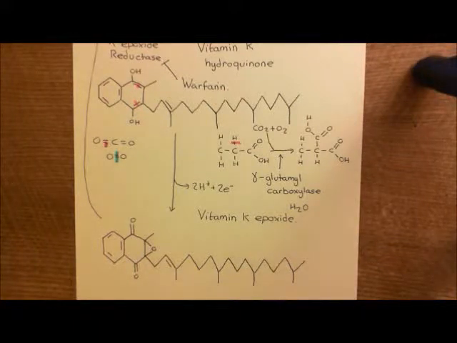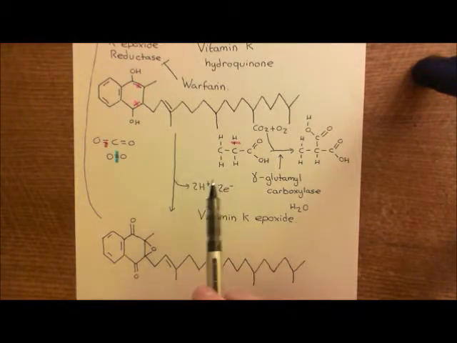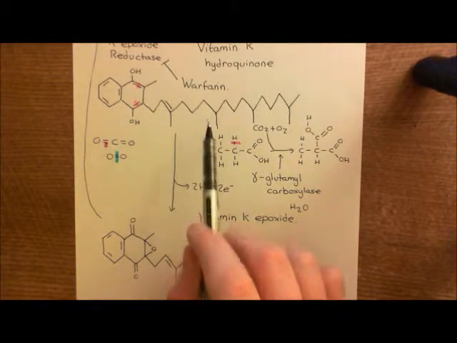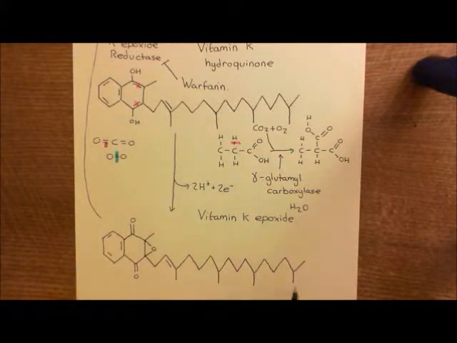So if you block the regeneration of vitamin K hydroquinone from vitamin K epoxide, then gradually you're going to use up all of your vitamin K hydroquinone, and it's going to accumulate in vitamin K epoxide. Okay? After you're out of vitamin K hydroquinone, you're not going to be able to produce any more gamma carboxy glutamic acid residues, okay?